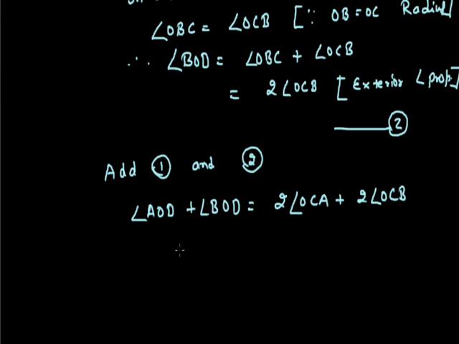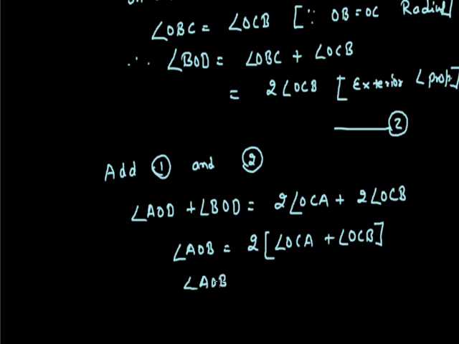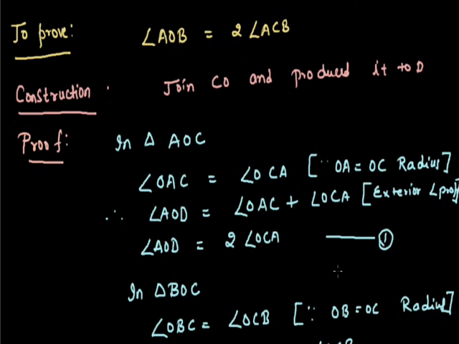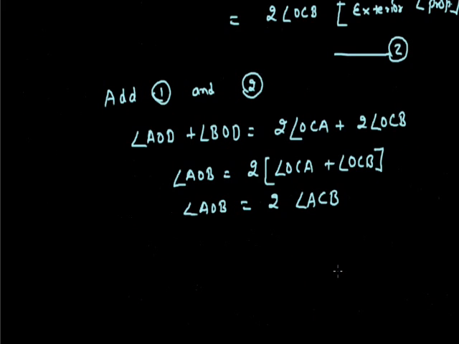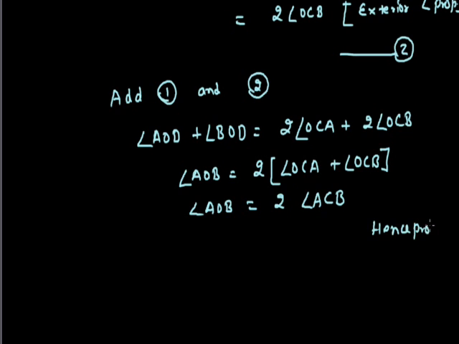Angle AOD plus angle BOD is equal to angle AOB, and twice of angle OCA plus angle OCB is equal to twice of angle ACB. So the angle subtended by an arc at the center is double the angle subtended by it on the remaining part of the circle. Hence proved.